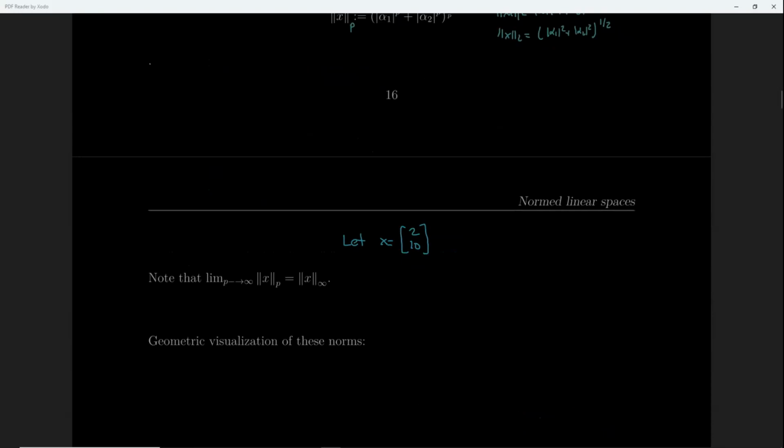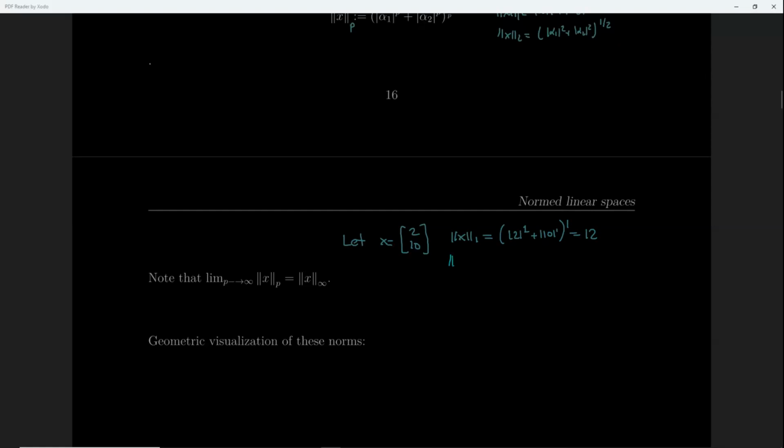Let's compute the L1 norm of x. According to this definition, it is the absolute value of 2 to the power 1 plus the absolute value of 10 to the power 1, all to the power 1 over 1, which is simply equal to 12.